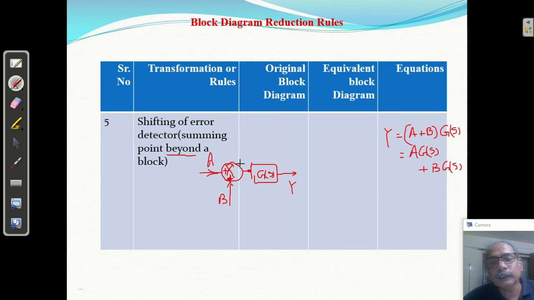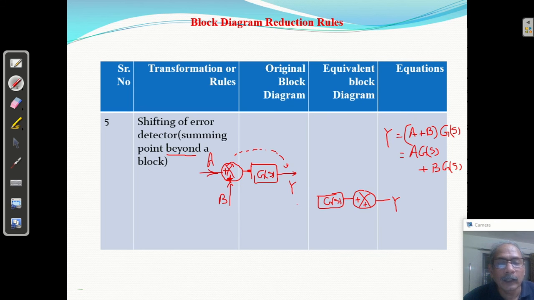And I want to shift this error detector, shifting of error detector beyond here. You have to shift it here, bring it over here. Let us say this is G of S, and I want the error detector here, plus, and this is also plus. This is the output. What is the output you want?